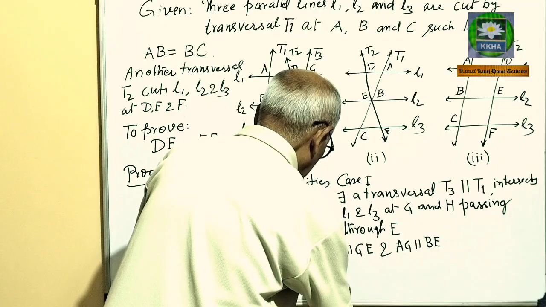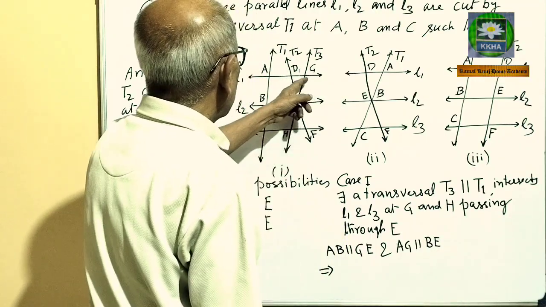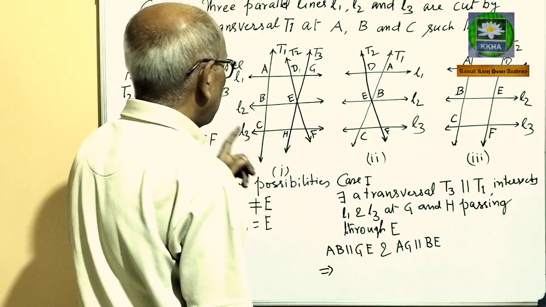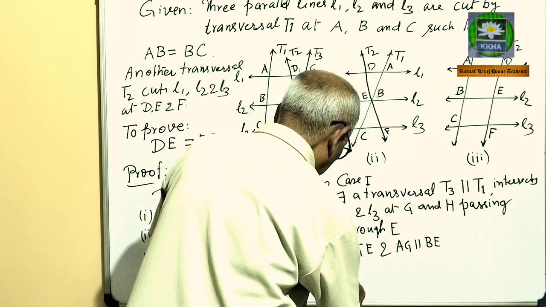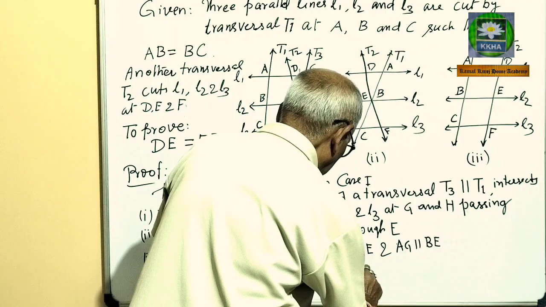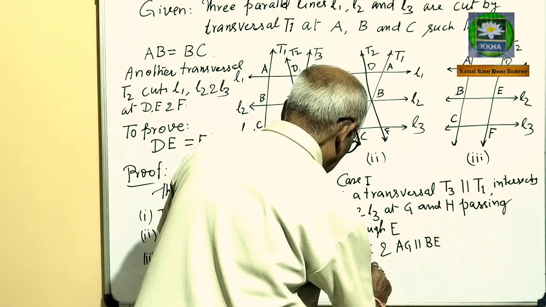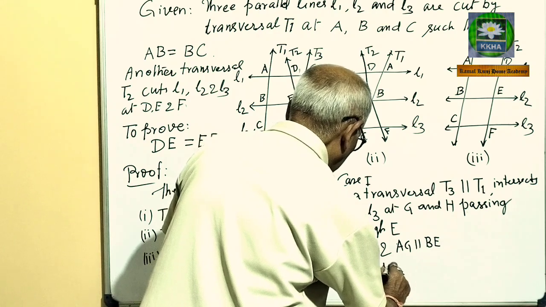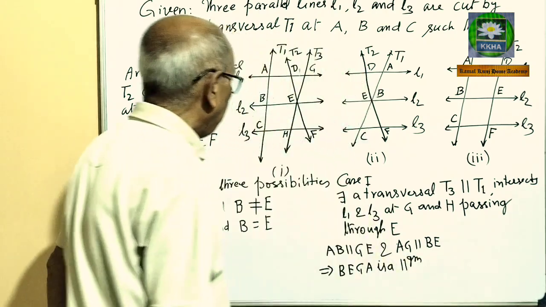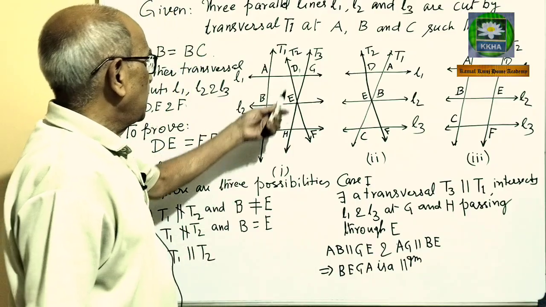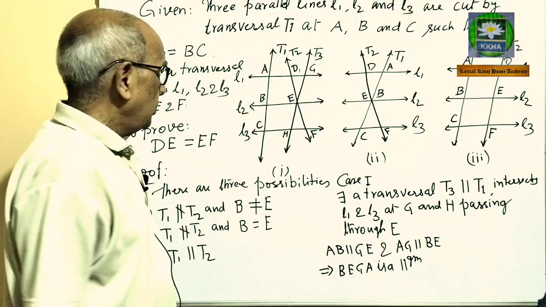This implies that BEGA is a parallelogram, since opposite sides are parallel.